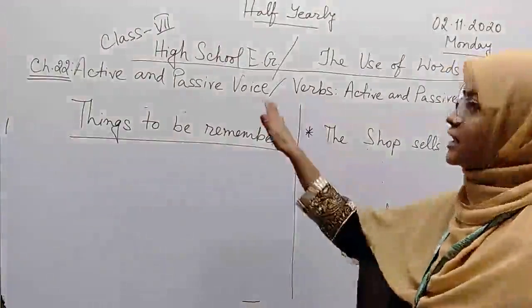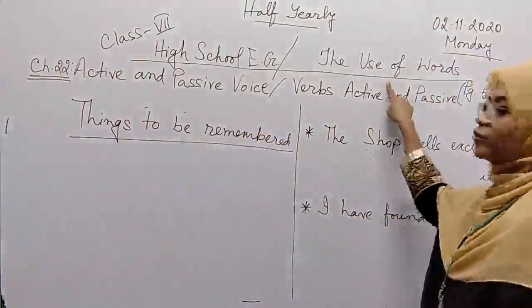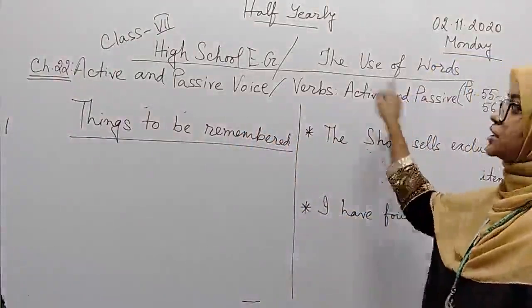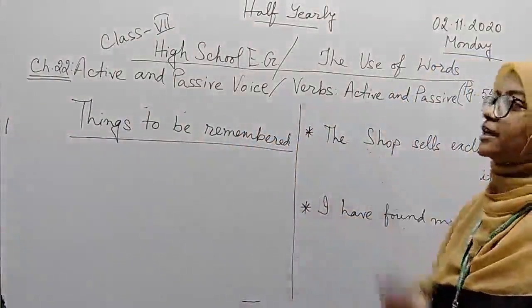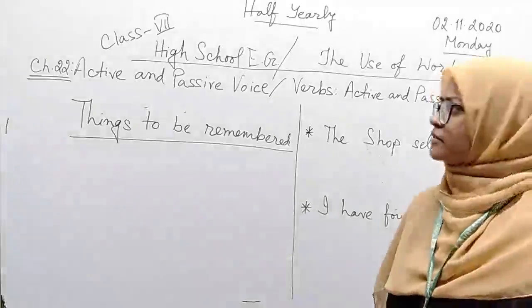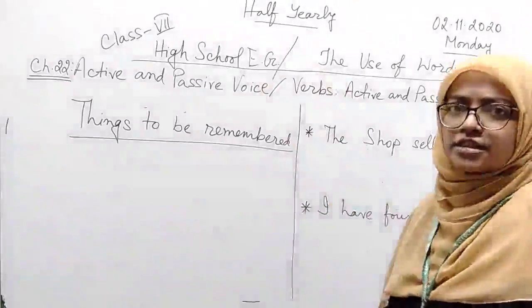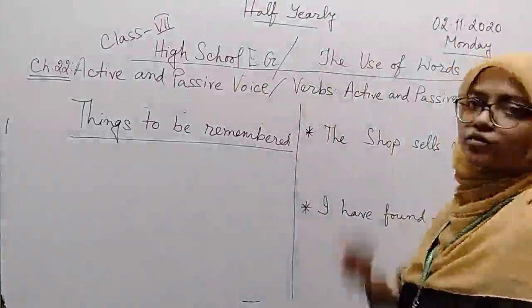Alright, so take the High School English Grammar book along with the Use of Words, because the same topic has been explained and discussed a little differently in both of these. High School and the Use of Words.